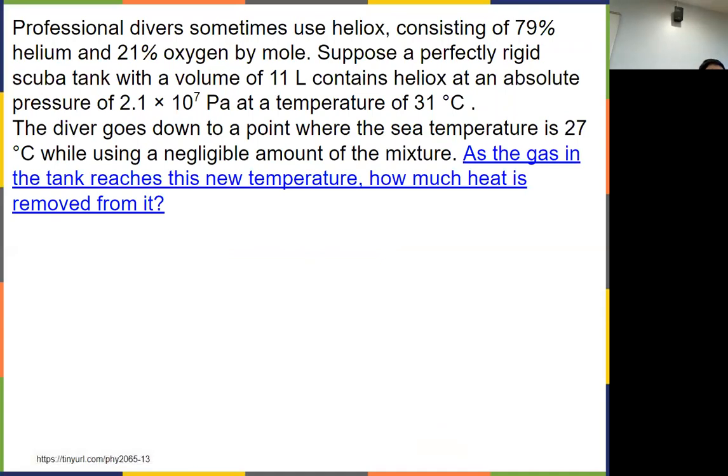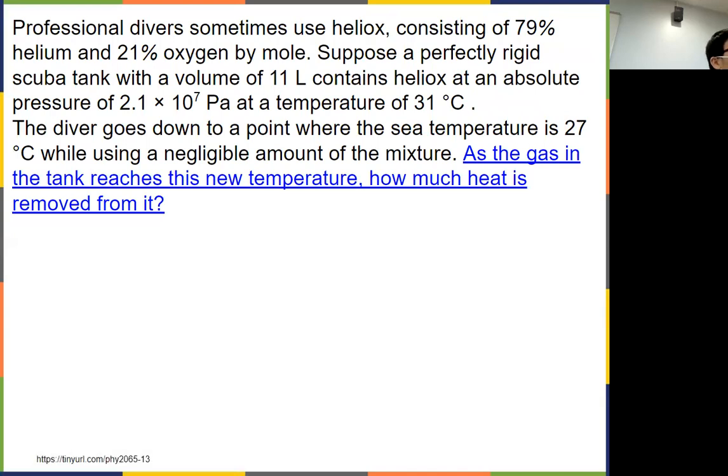It says professional divers sometimes use heliox, whose components are 79% helium. So in the place of the air, where we typically have nitrogen, now you're replacing nitrogen with helium, and 21% oxygen. That's by mole fraction.